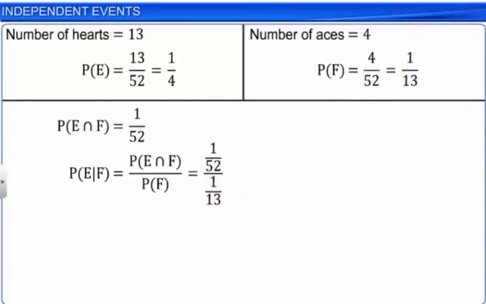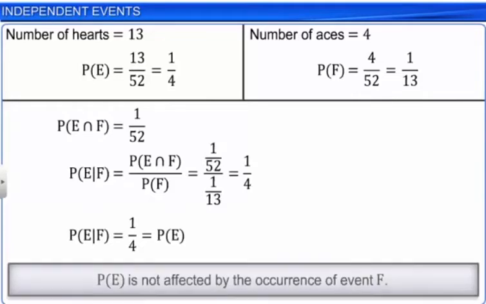On simplification, we get 1/4. This is equal to the probability of event E. This implies that the probability of E is not affected by the occurrence of event F.